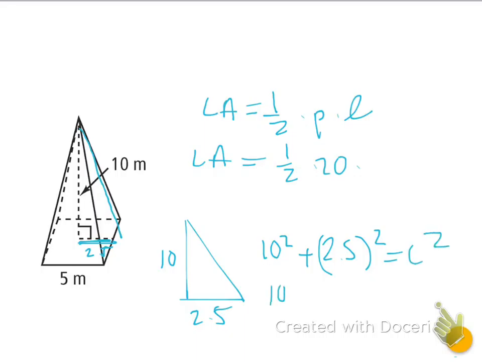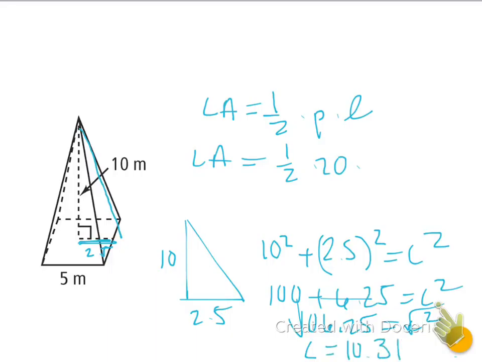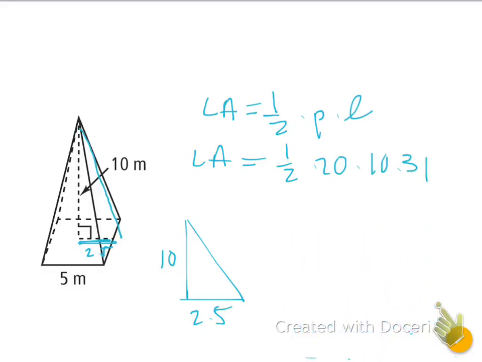So I got 100 plus 6.25 equals C squared. So 100 and 6.25 equals C squared. We got to square root both sides. So C equals 10.31. Okay, so that is going to be my lateral. So I'm going to erase all that work down there so I have more space.